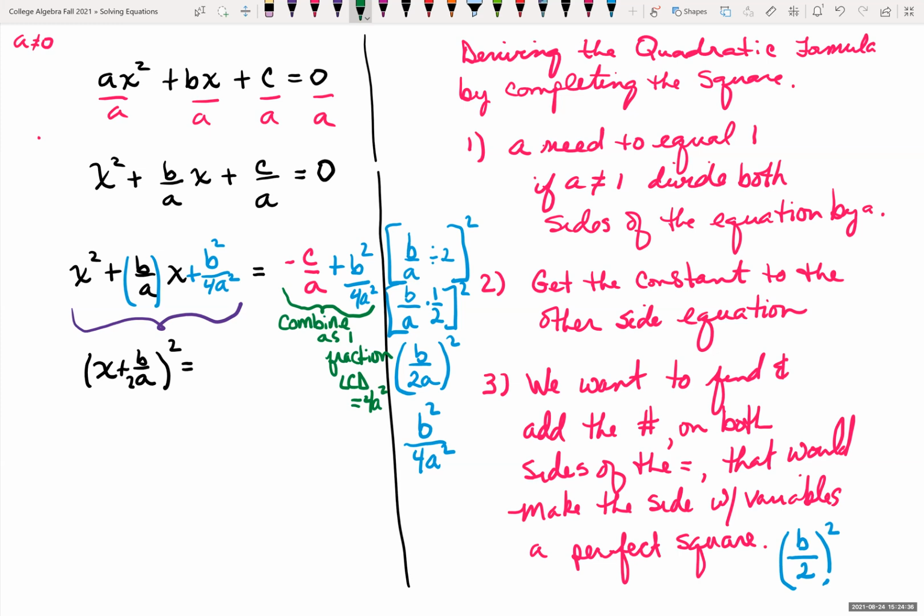And so I'm going to need to multiply this one fraction, negative c over a, to get that common denominator 4a squared. I need to multiply the top and bottom by 4a. So this one side, I'm just going to write the b squared first. I have b squared. 4a times negative c is minus 4ac, all over our common denominator of 4a squared.